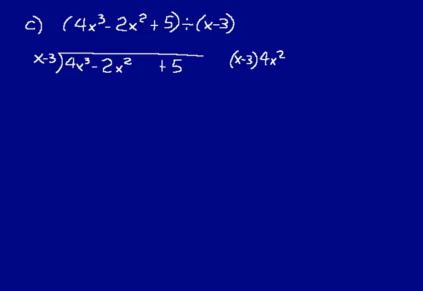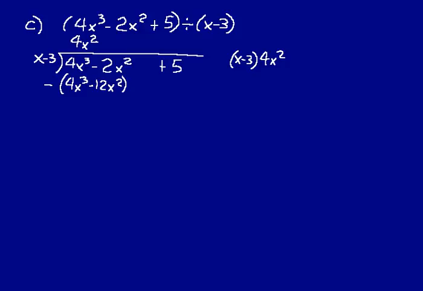And so let's put 4x squared up here in our quotient, and then we'll have 4x cubed, and then 4x squared times a negative 3, that's negative 12x squared. Now remember what we're doing here. This will all be subtracted from the dividend.